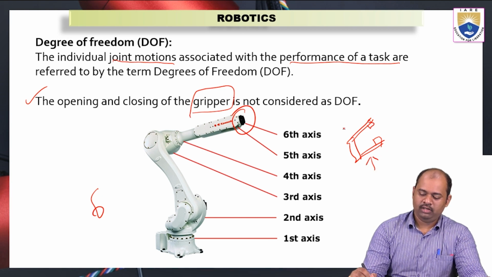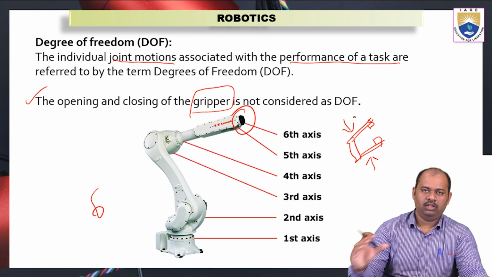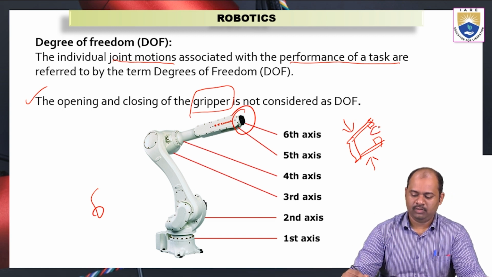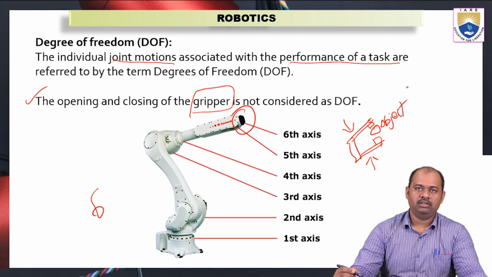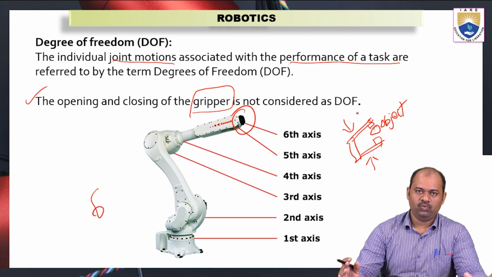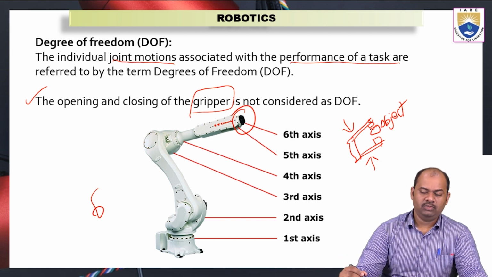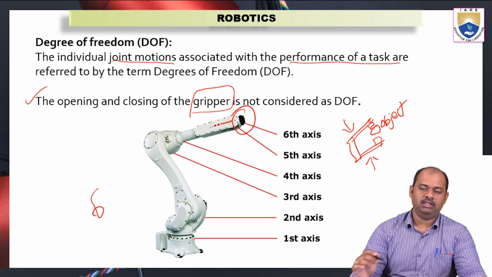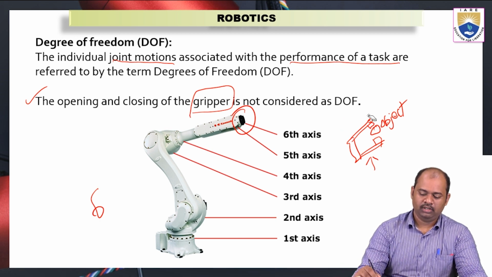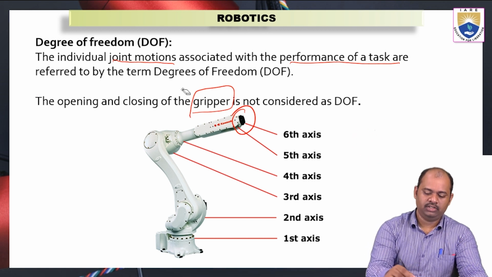Here the object will be there, and it can hold the object. For holding, it can move in this direction, towards and outwards. This motion is not considered as degrees of freedom. This is an important point while calculating the degrees of freedom. Okay. So the opening and closing of the gripper is not considered as degrees of freedom.